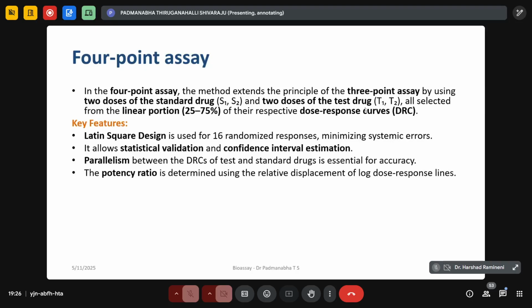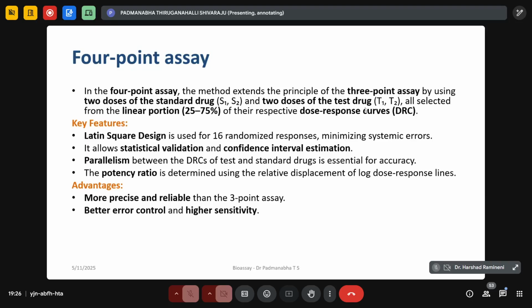Since it achieves parallelism between the DRC, maintaining the parallelism is very essential to calculate the accuracy of the drug response. Again, it is more precise and reliable than the 3-point assay, and it has better control over the error as well as higher sensitivity.